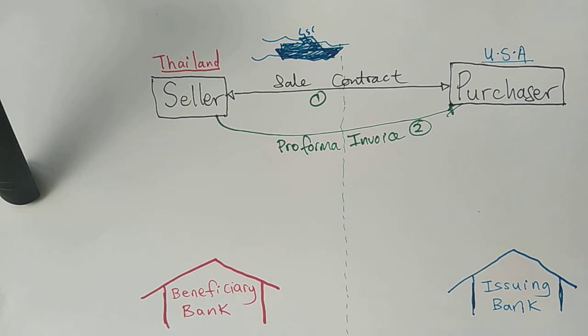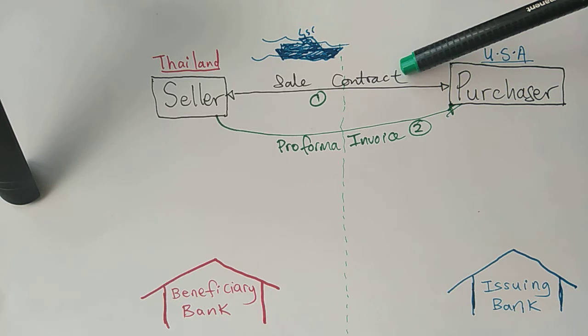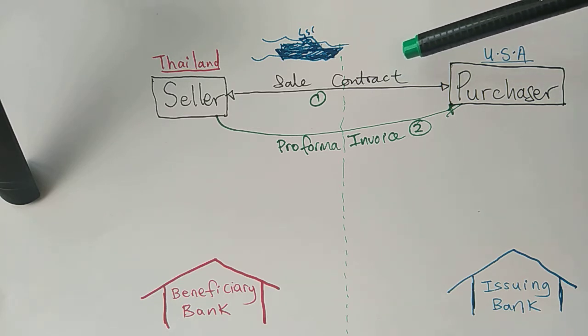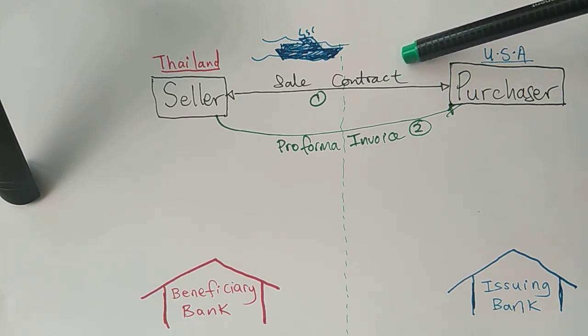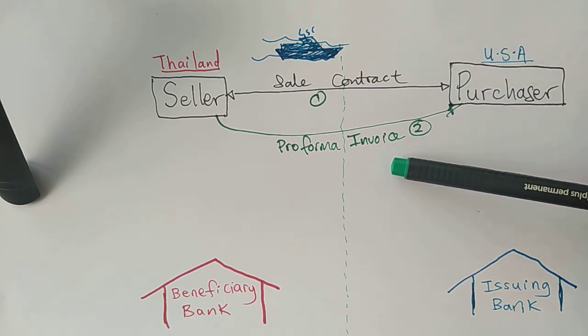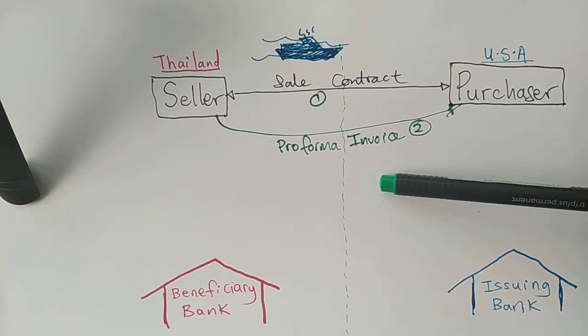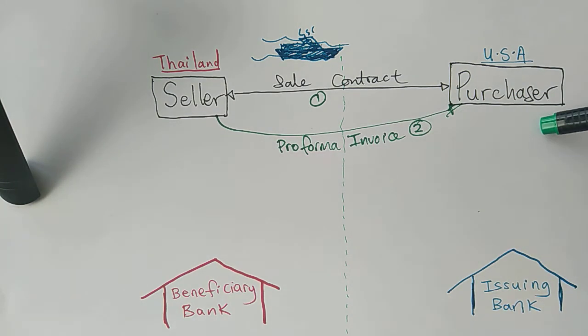So sometimes the conditions to the sale contract are not written in a sale contract. They are written together with the pro forma invoice. Legally speaking, it doesn't matter where the conditions are written. As long as there are conditions offered and accepted, agreed between the two parties to the contract, they are already conditions of the sale contract. It forms part of the sale contract already.